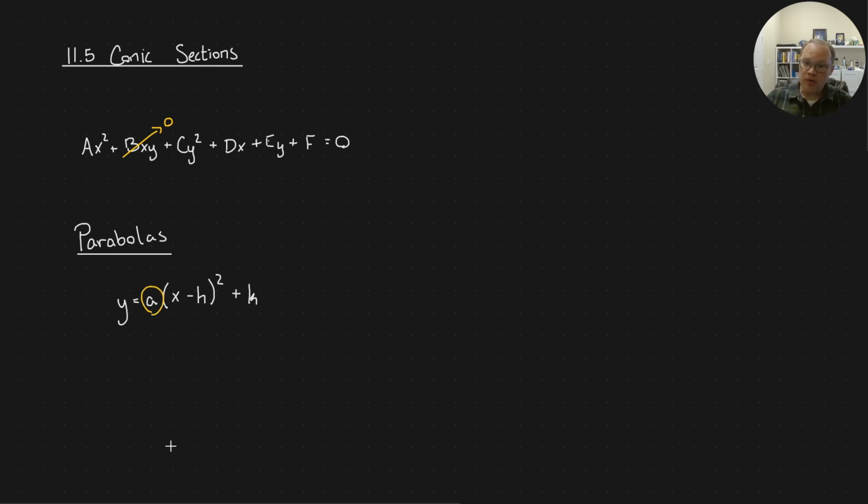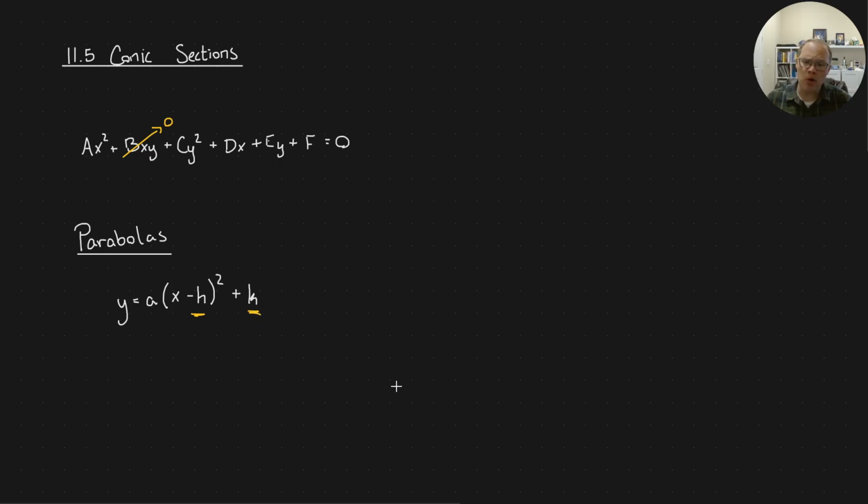As before, the a tells you how fat or skinny you are, and whether you're opening up or down, depending on whether a is positive or negative. It performs the exact same role as before. What's new, though, is this h and this k.